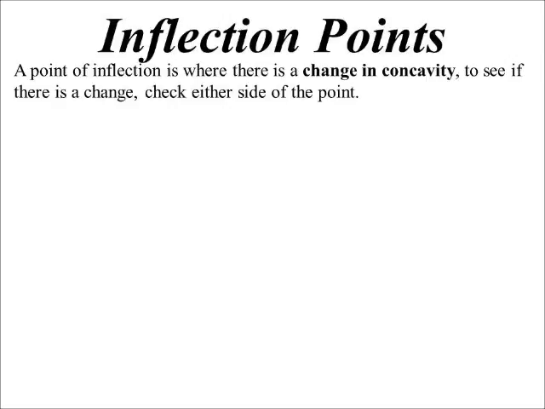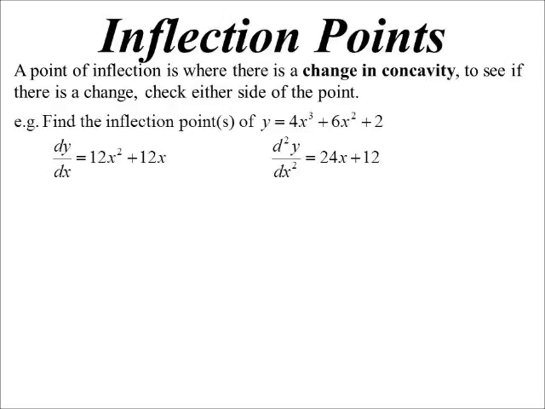How can we see if there's a change in concavity? Again, I can draw up my table of values, check either side of the point, and see where the concavity changes. So I'm going to find the inflection point, because there might be more than one, of this particular cubic. There's my derivative. There's my second derivative.